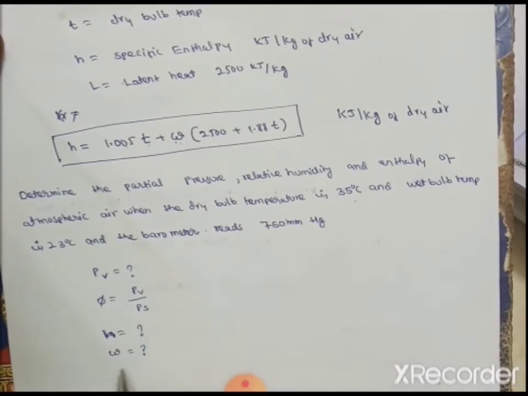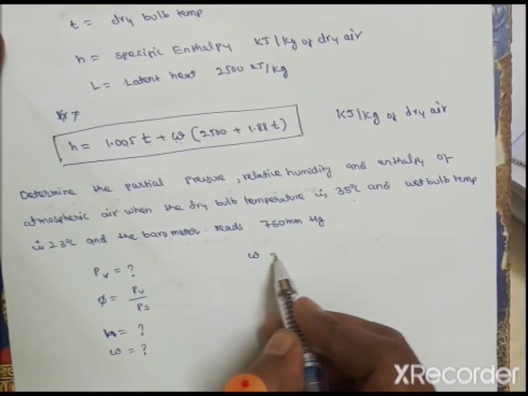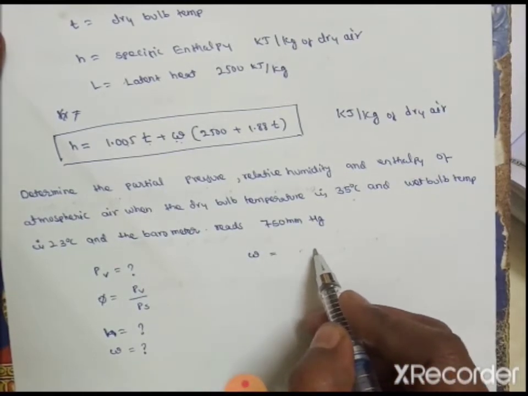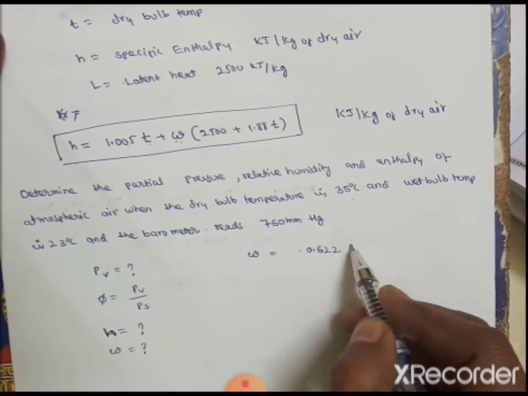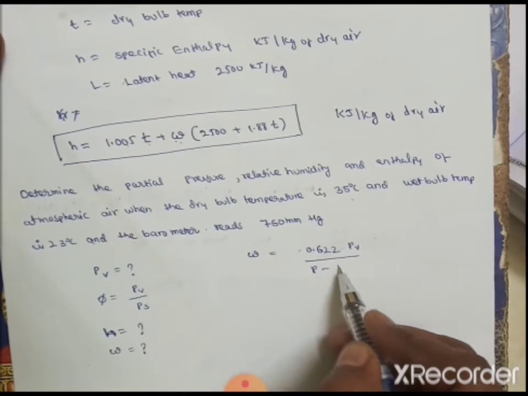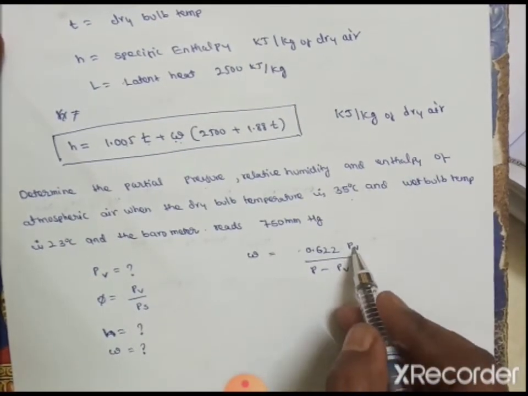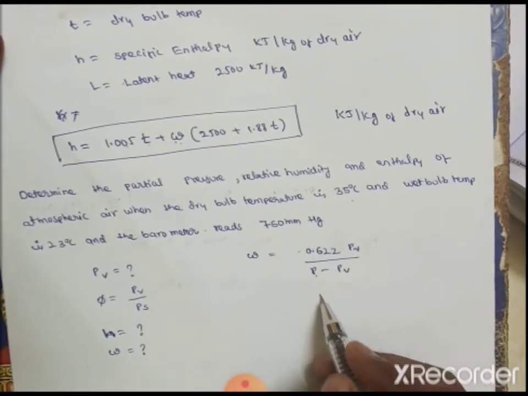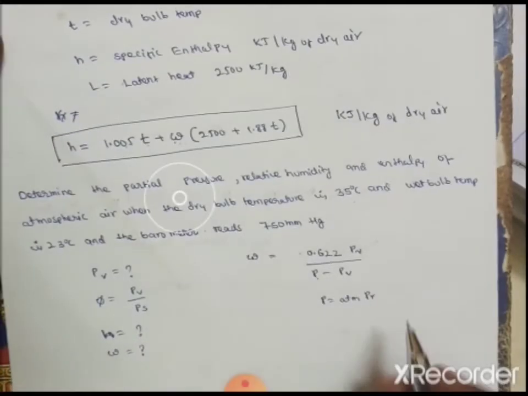So what is the formula for the specific humidity? Specific humidity is equal to 0.622 PV by P minus PV. Here PV is also an unknown value, and P is the atmospheric pressure.